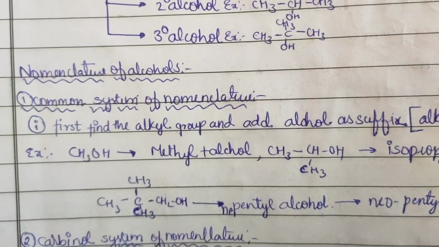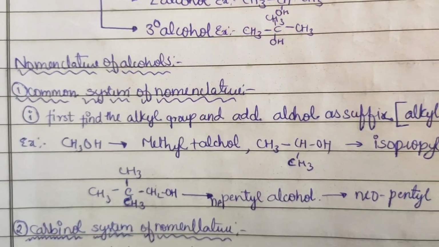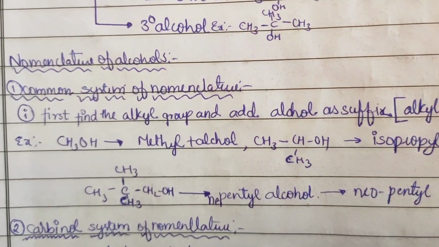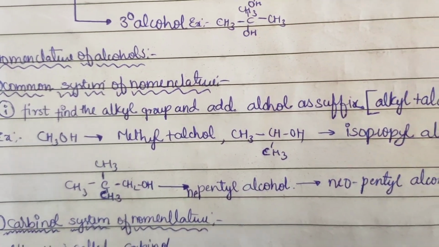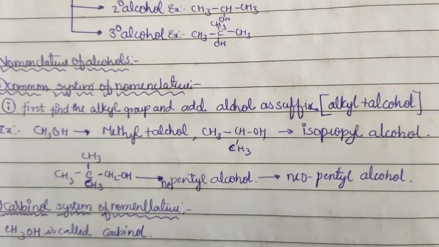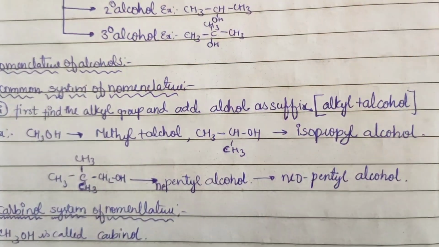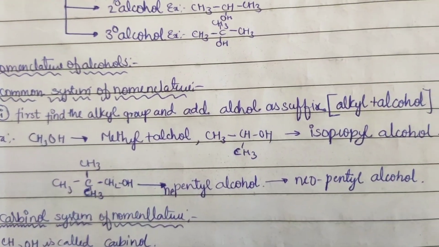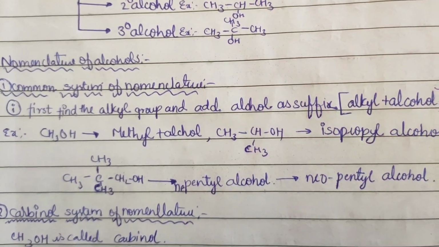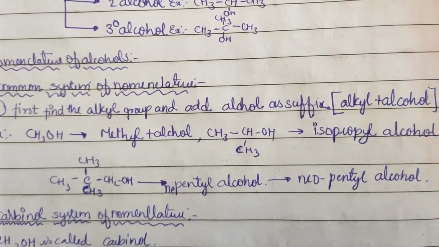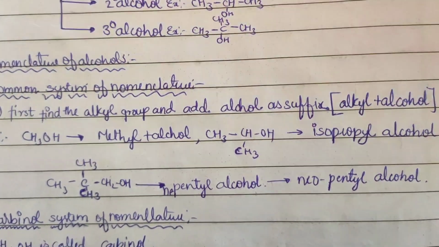Now let us move on to the nomenclature of alcohols. First is the common system of nomenclature. Here we first find the alkyl group and add alcohol as suffix. For example, alkyl plus alcohol. Example CH3OH. Here the name is given as methyl plus alcohol, so methyl alcohol.